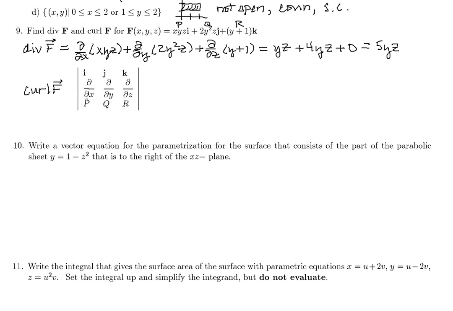And I'll put P, Q, and R in here. So P is xyz, Q is 2y squared z, and then R is y plus 1.